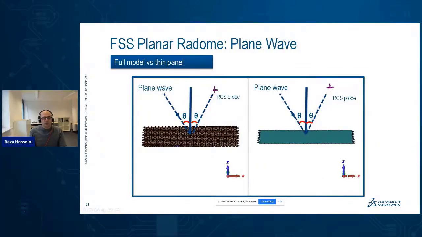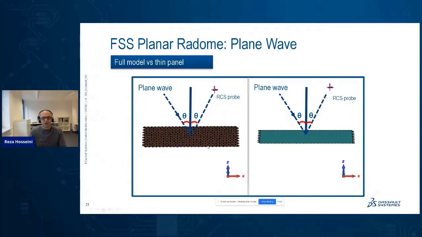So let's start with the cases we had. After solving the infinite array and seeing how our infinite structure would work, we want to have the finite array, because at the end the radome would be finite. As I said, we can do two cases in parallel.